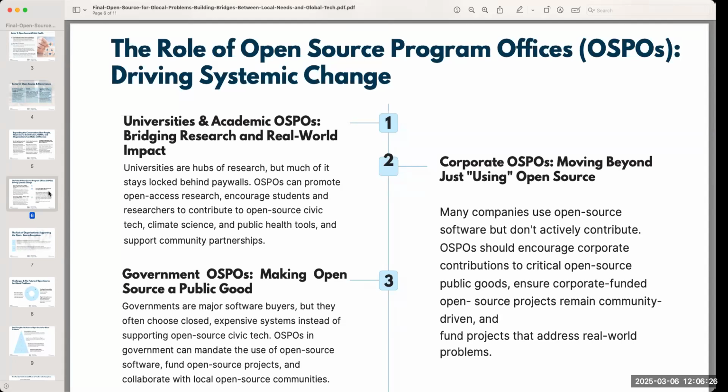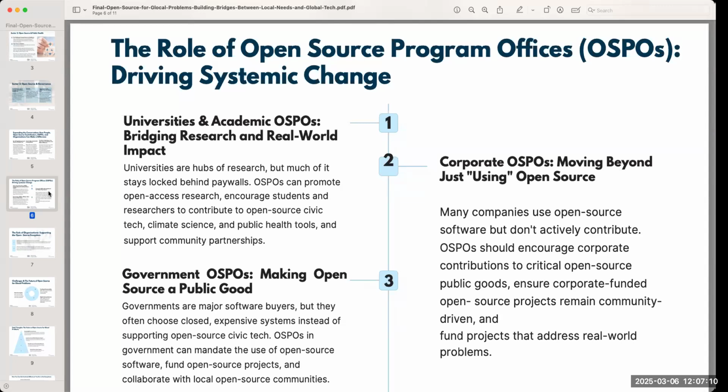Yes, and ensure corporate funded open source projects remain community driven rather than being abandoned when a company's priority shifts. The other area of concern as well is that I would encourage corporate OSPOs specifically to fund projects that address real world problems. So an example is Google, Microsoft, and IBM, as corporate OSPOs, who contribute to Linux and Kubernetes. But my question today is, what if more corporate OSPOs invested in public interest open source projects, right?